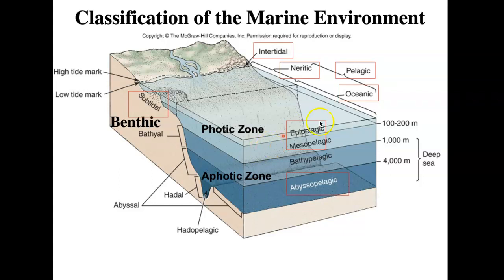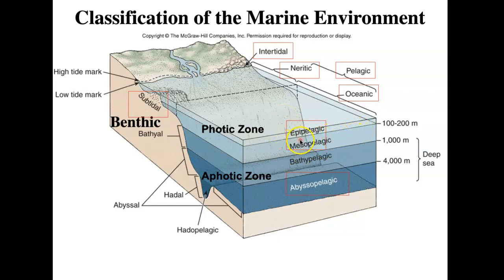When we talk about the photic zone, where we're getting light, the area where we get the most exposure to light, and the area that is exposed to the surface here, is called the epipelagic layer. And that epipelagic layer is going to be important. We're going to talk a lot about that epipelagic layer because that's the most diverse in terms of life. So we'll discuss that a lot further.